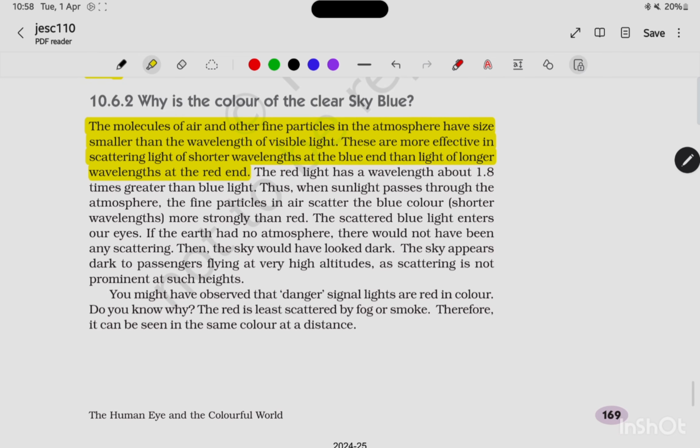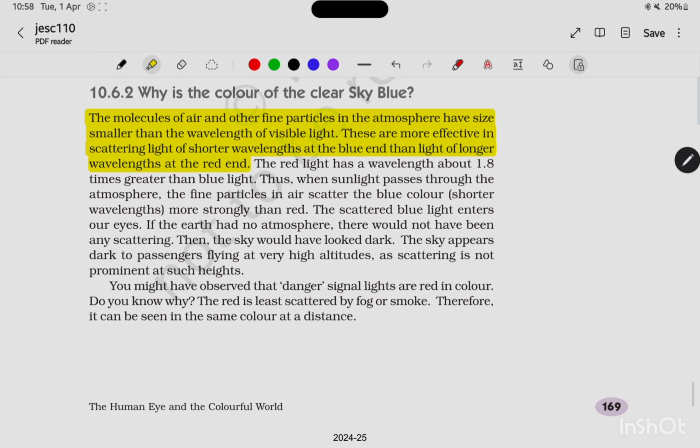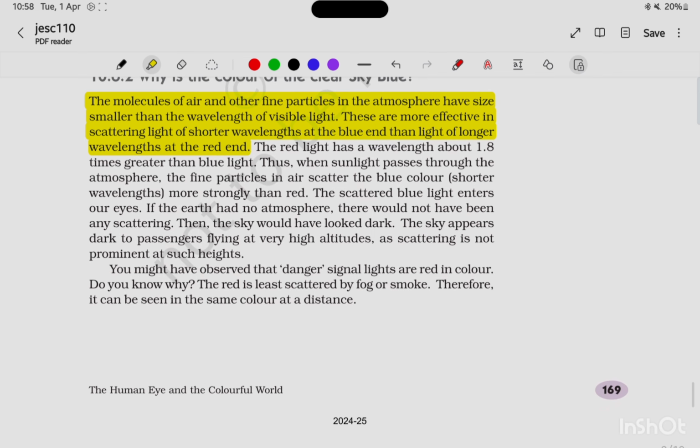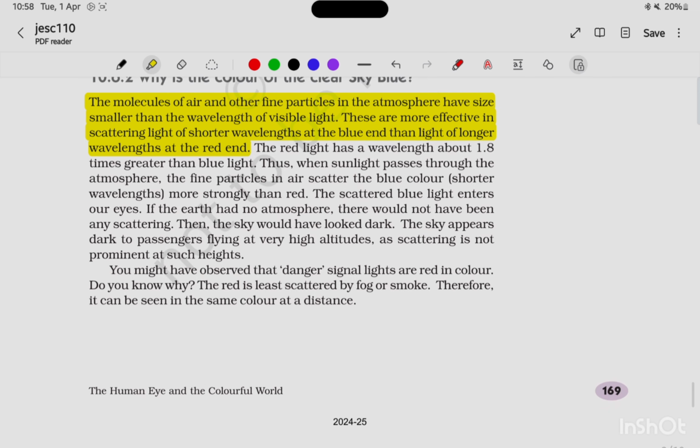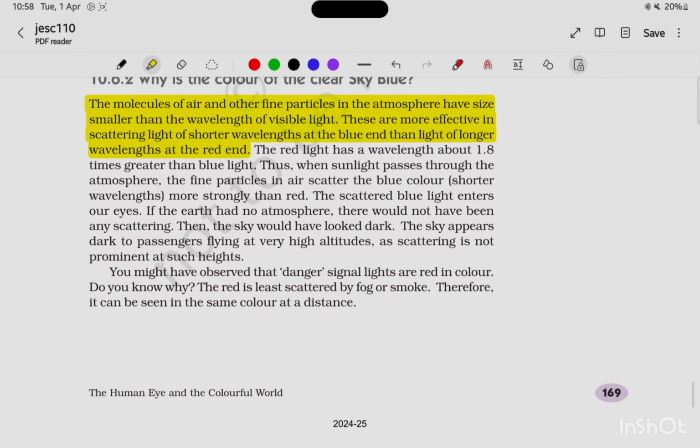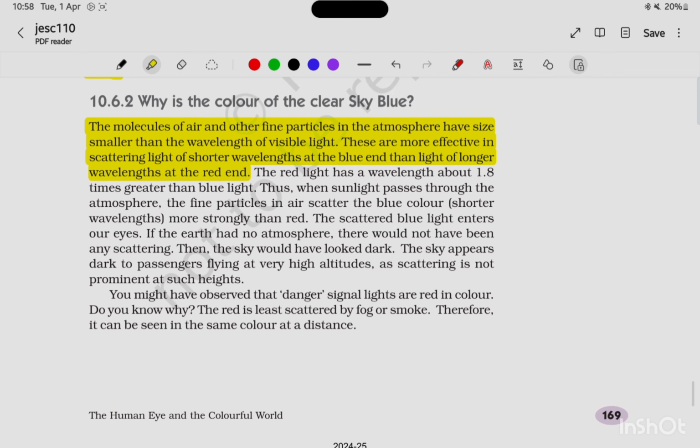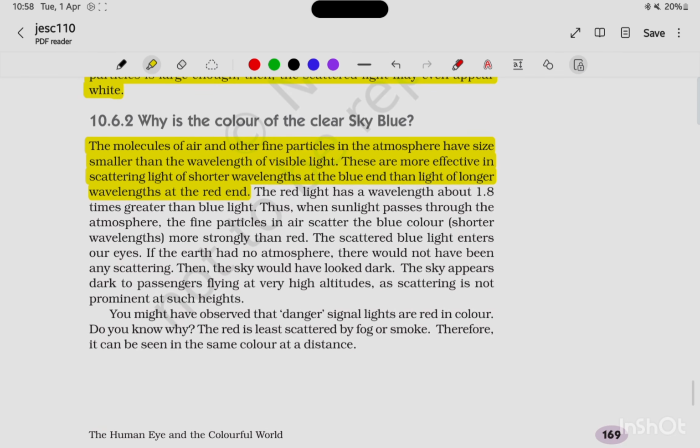The red light has wavelengths about 1.8 times greater than the blue light. Thus, when the sunlight passes through the atmosphere, the fine particles in air scatter the blue color, shorter wavelengths, more strongly than red. The scattered blue light enters our eyes.